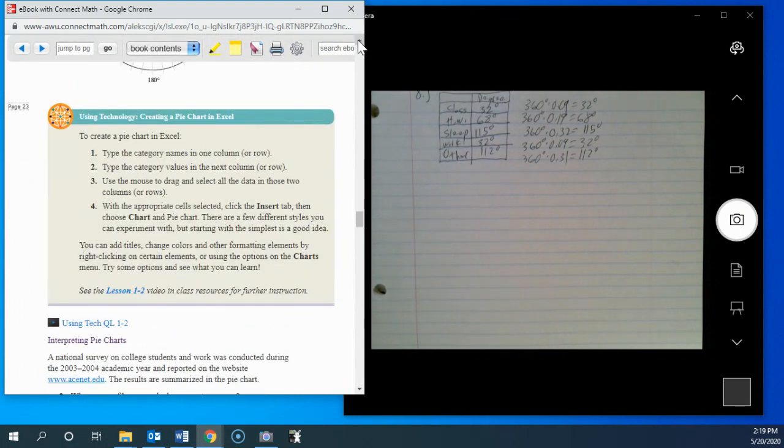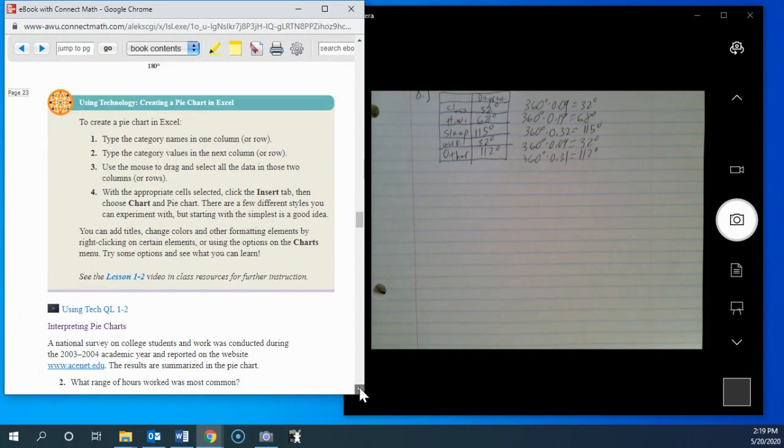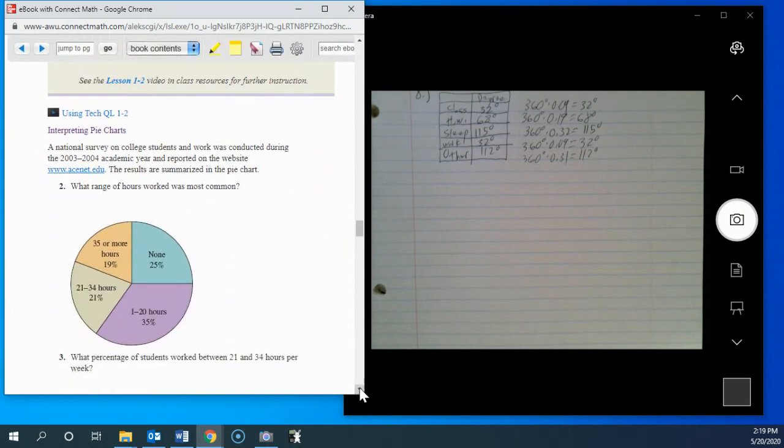All right, now, we're not going to create a pie chart, but if you do want to create a pie chart, you can read these directions and it would walk you through how to create a pie chart. But we are going to get to the interpretation of a pie chart, starting on page 23.